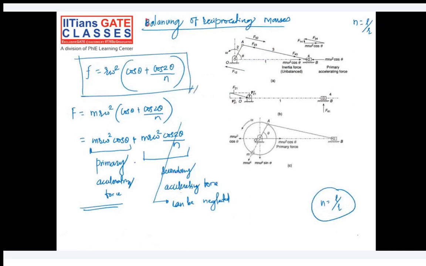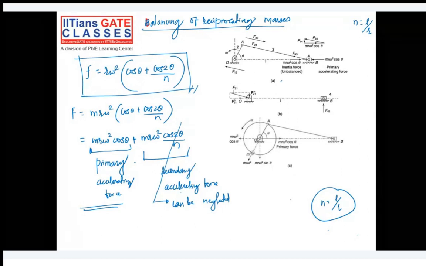So if we focus on the figure here, if the crank is rotating in counterclockwise direction, our piston will move in the leftward direction, right? So what is the inertia force on the piston, which is the unbalanced force? It's not in equilibrium, so it's an unbalanced force in the rightward direction, which is opposite to the motion, that is mr omega square cos of theta, right? Because force is equal to mass times acceleration, where m is the mass of the piston, and the acceleration is this value.